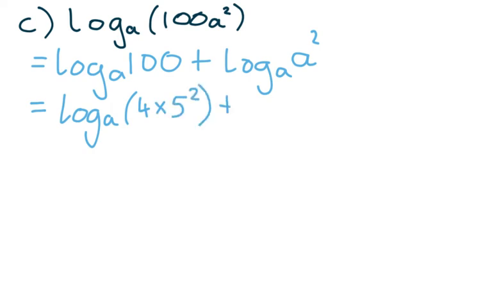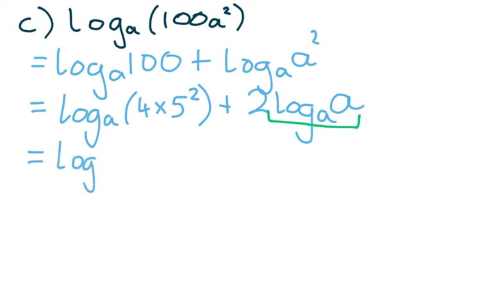And then in the same step, we're also going to bring that power of 2 down the front, and we're going to have 2 log a of a. And you should be seeing and thinking now, this log base a of a is going to be 1. So we're just going to end up with a number here. So then we have log a of 4 plus log a of 5 squared plus 2 times 1.